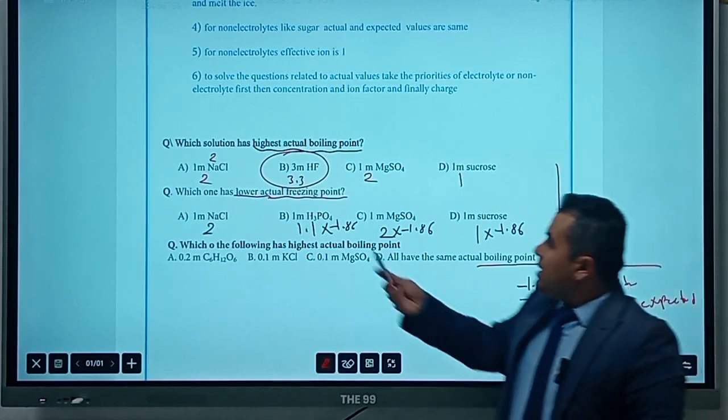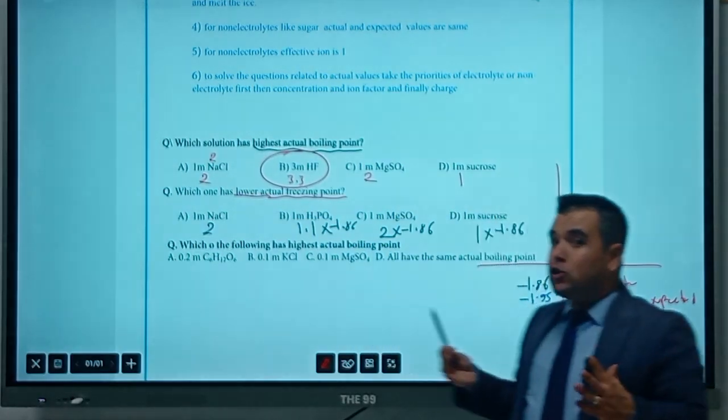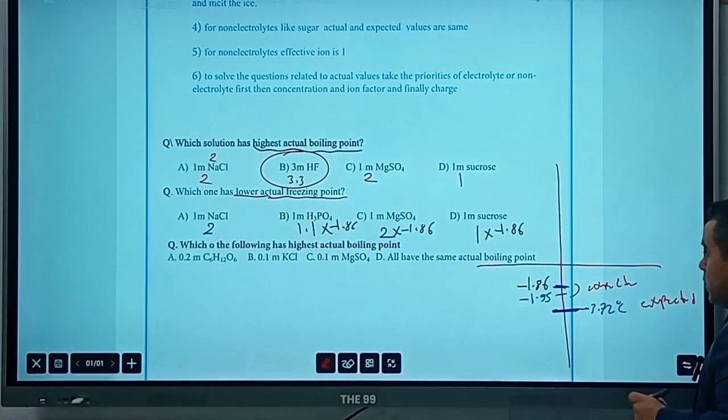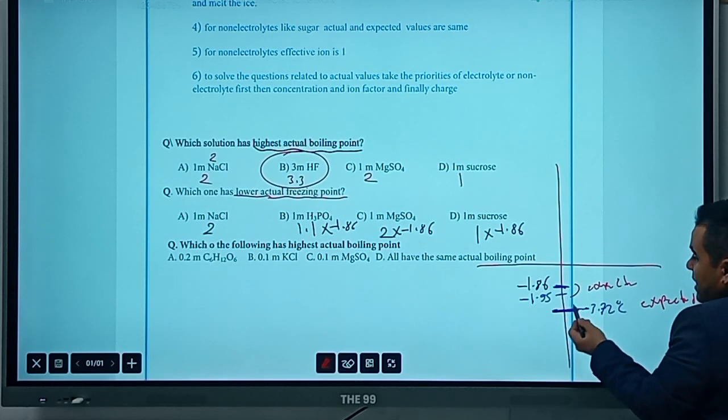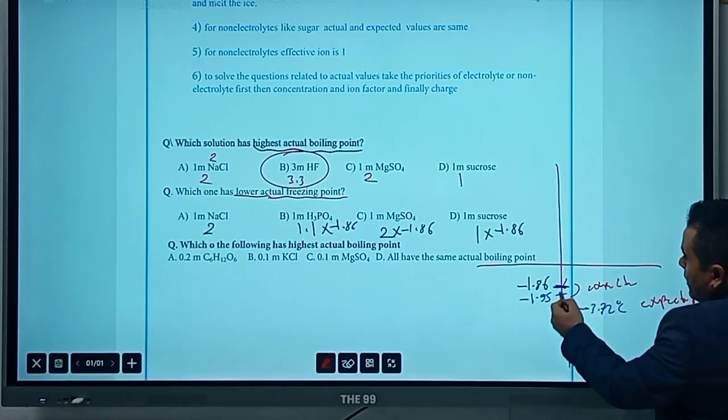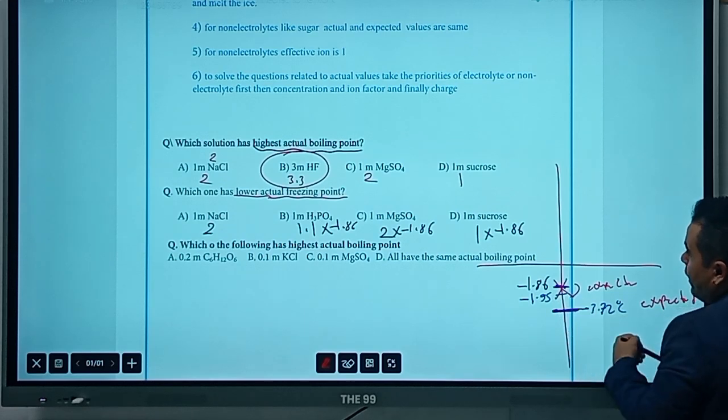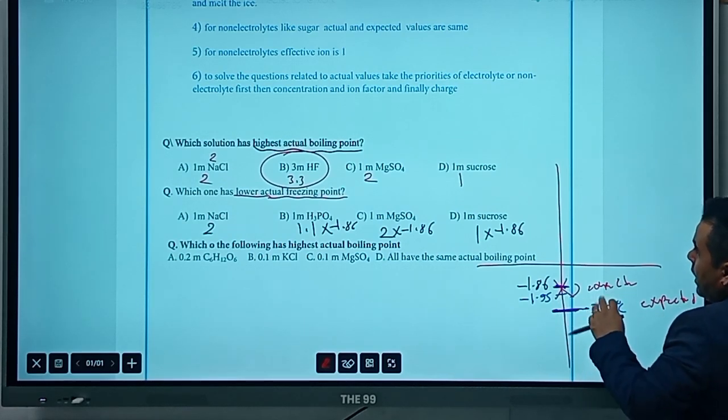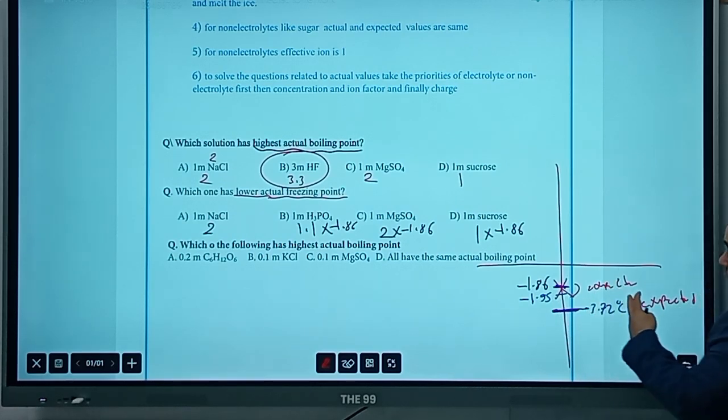Which one has the lower actual freezing point? The solutions of phosphoric acid and sugar have a higher actual freezing point.